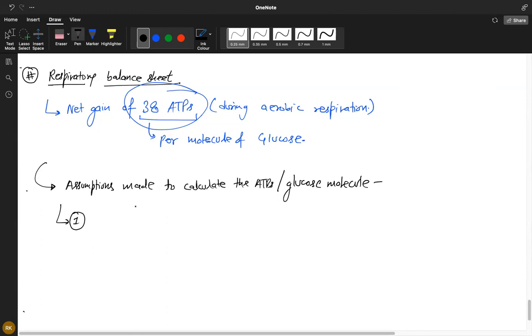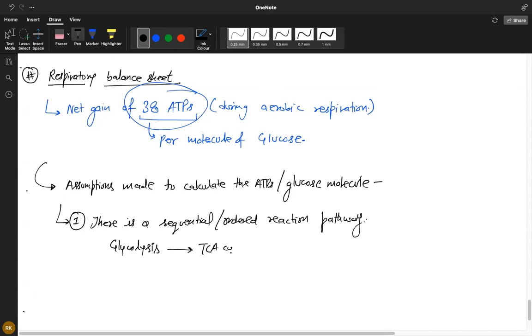Now, the assumptions are, first, that there is a sequential ordered reaction pathway of glycolysis followed by the TCA cycle and then ETS.